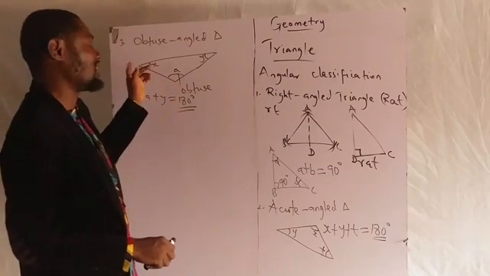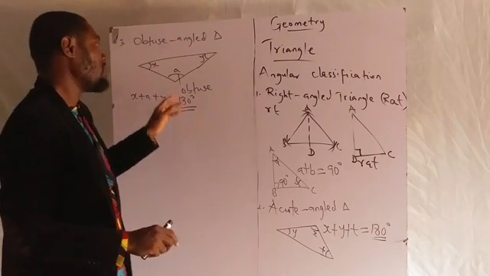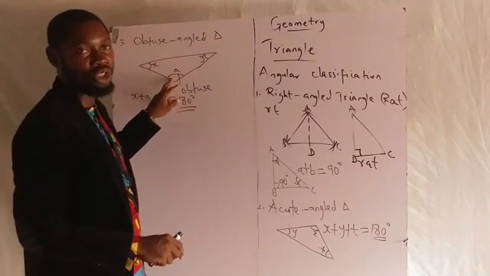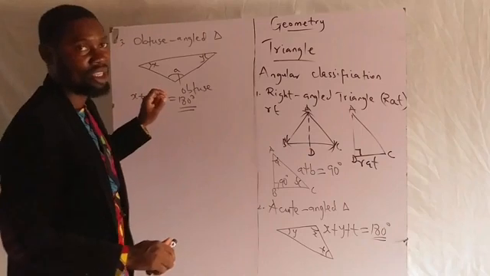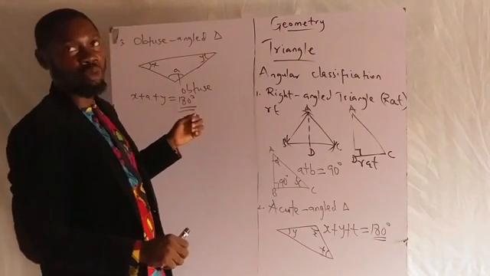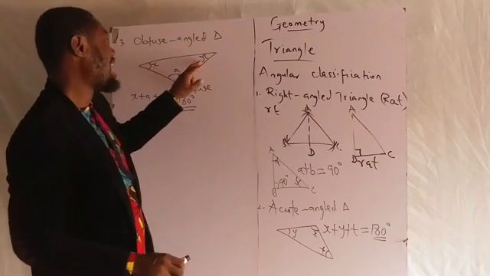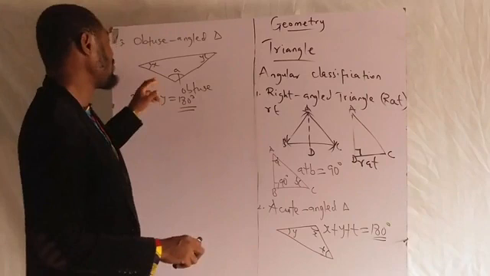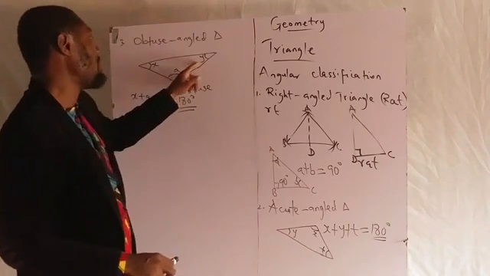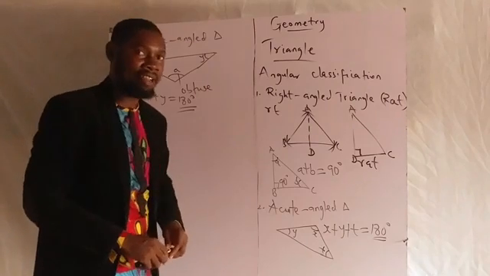Other parts could be 63, other parts could be 35, 25, but one of the angles must always be more than 90 degrees. It could be 100, it could be 105, it could be 97, it could be 112, but the other angles will be smaller numbers. But if you add up all the interior angles, you still get 180 degrees.